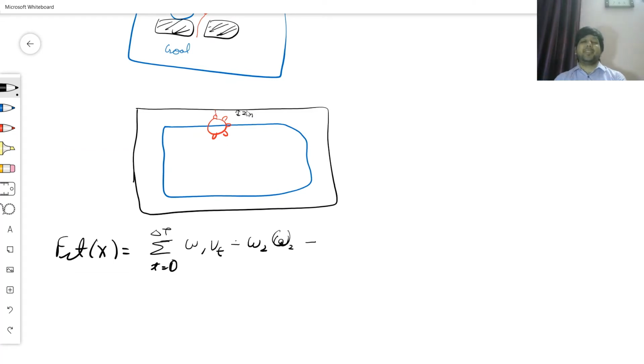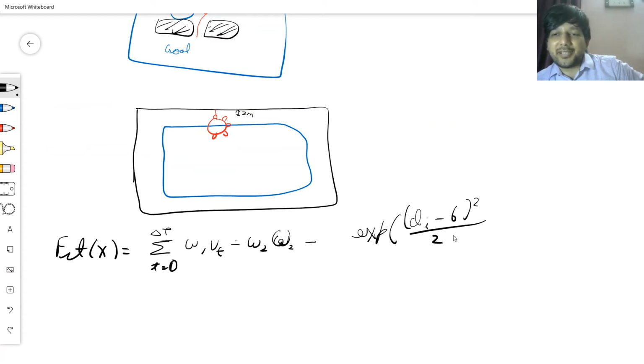So I want the value to be at an equilibrium, and therefore what I'll do is I'll give it a penalty based on the equilibrium. So I say di minus my threshold value 2 meter, or let's say in general term a b which I want to maintain, square divided by 2 sigma square and w3.